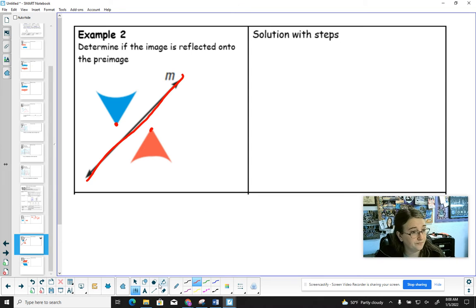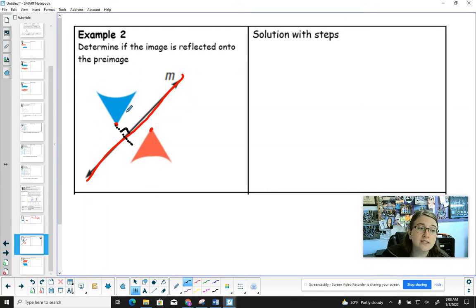Now, here's what's tricky. I need to go straight head on towards my mirror. Here is my mirror. This is straight head on because it creates a right angle. If I were to reflect over that line, I would flip it here. And then from this point, I would go the same distance away on the other side.